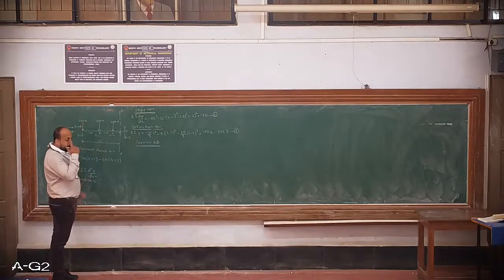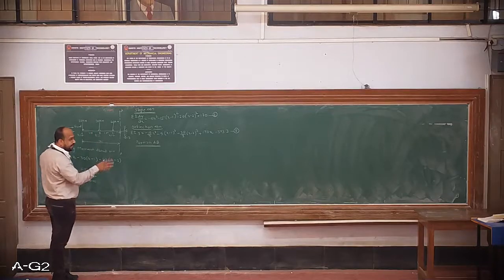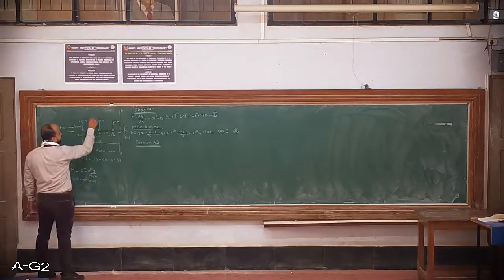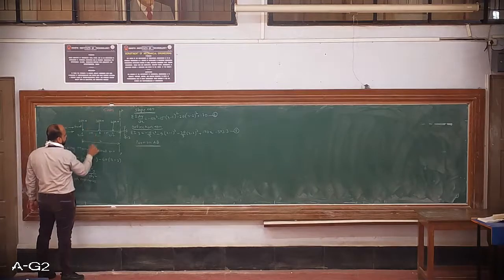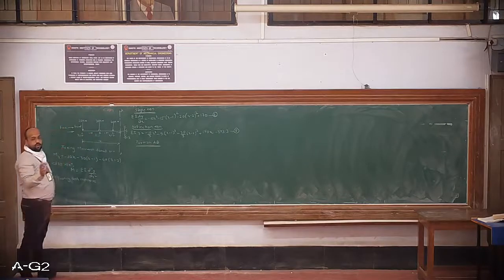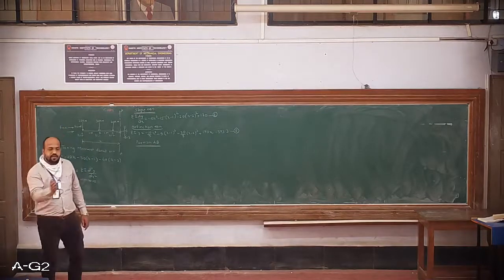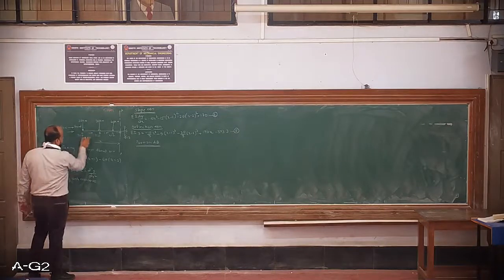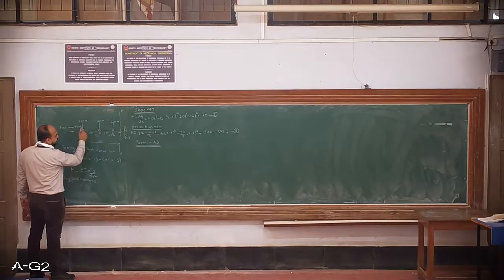It is like taking an imaginary section between A and B. The same method we followed in SFD and BMD, you have to follow here. I will take an imaginary section at a distance of small x between A and B.